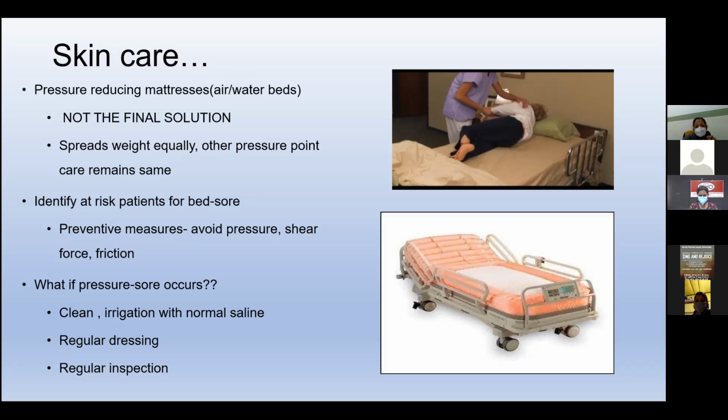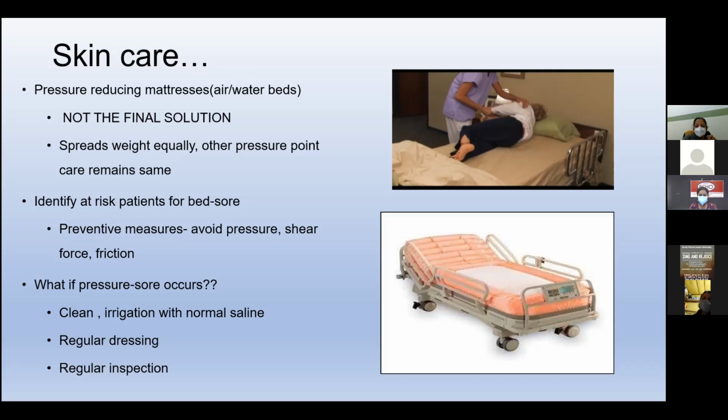Nowadays, these types of mattresses are also easy to get even in the community. Many NGOs also provide them at nominal charges, and they have become cheaper also. These types of mattresses, air mattresses or water mattresses, can also be used at home, right?